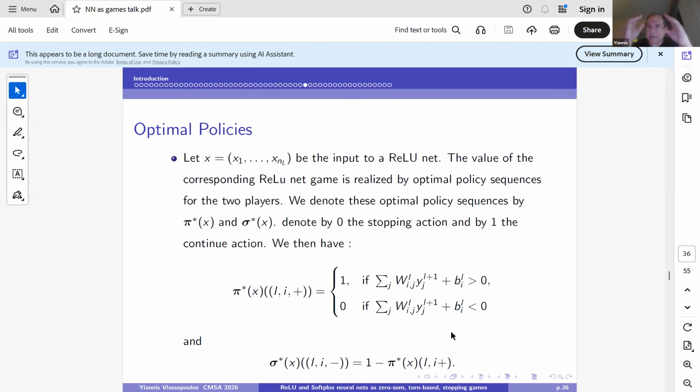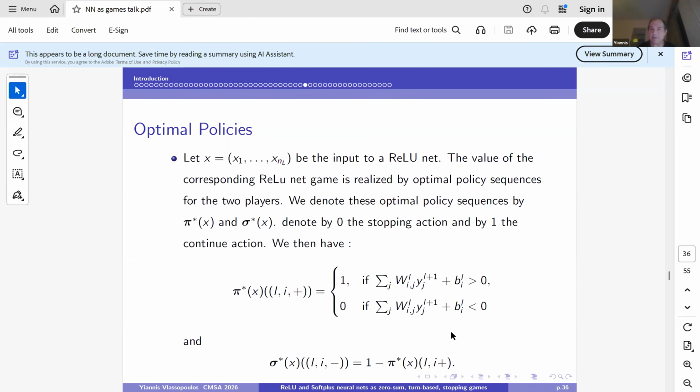So basically, what does the optimal policy tell you? It tells you to take a decision whether to continue or not. If you can somehow estimate the expectation value of the gains you're going to have if you continue, and it's going to be less than zero, then you say, well, it's better for me now to stop because I don't gain anything if I continue. And vice versa, of course, for the minimizer.